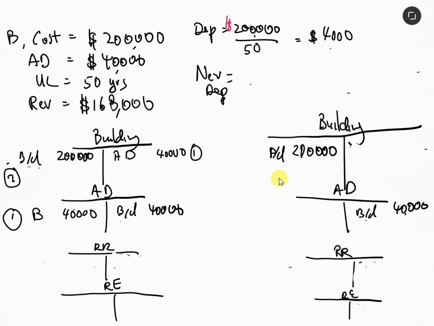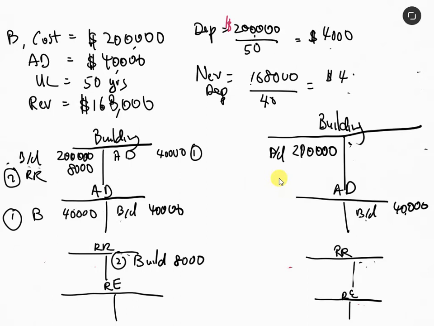Step 2, debit and credit 8. Is it okay? Must I depreciate on this building? Yes. Based on the newly revalued amount of 168 divided by remaining useful life, 4,002. So debit depreciation, credit accumulated 42.